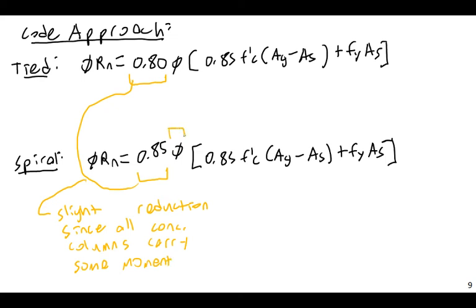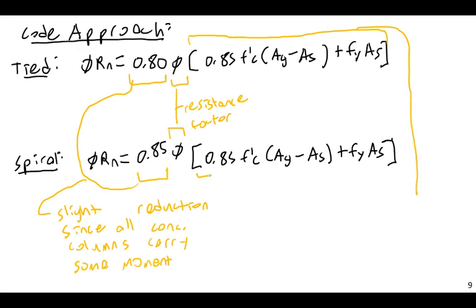The phi, of course, is just going to be your strength reduction factor or resistance factor. And all of this here, again, is just the theoretical strength of a short column in crushing.